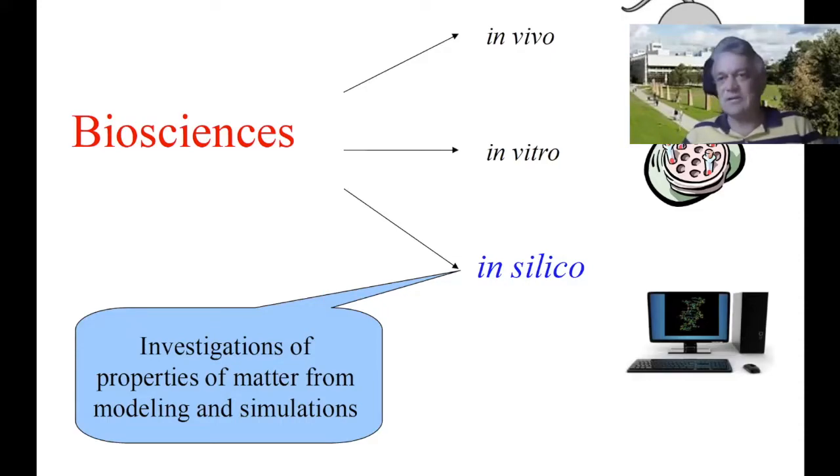It can be cells, or even separate parts, separate macromolecules, studied by different chemical or physical methods. And with the development of computers, we are also talking about a third way of studying matter. This is in silico study, when we investigate matter by computer modeling and simulations.